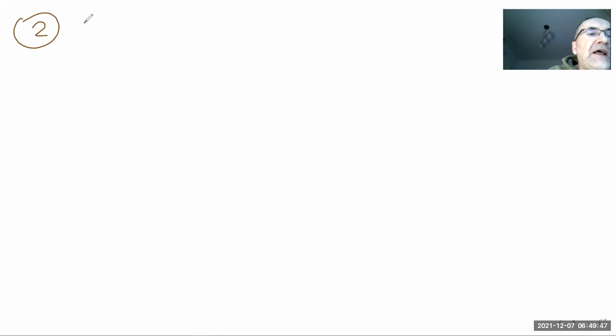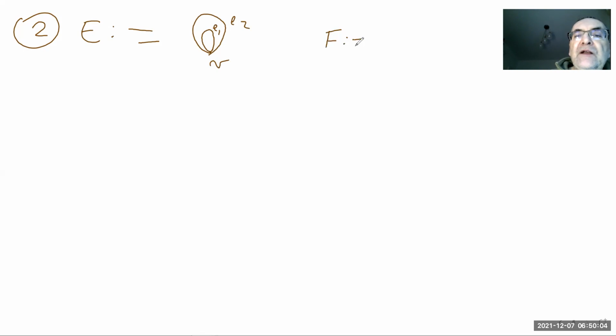Cool. So now it's a very simple Hawaiian earring. And so I have one vertex and two edges, say E1 and E2. And F is just the one-loop graph.